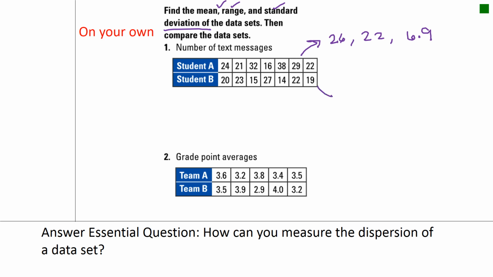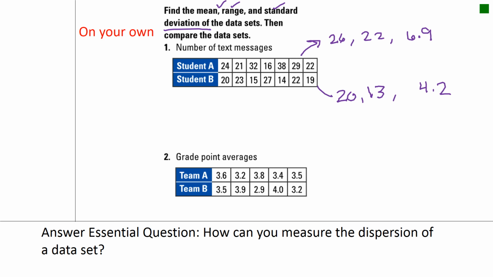For student B, you should have gotten 20 for the mean, 13 for the range, and 4.2 for the standard deviation.